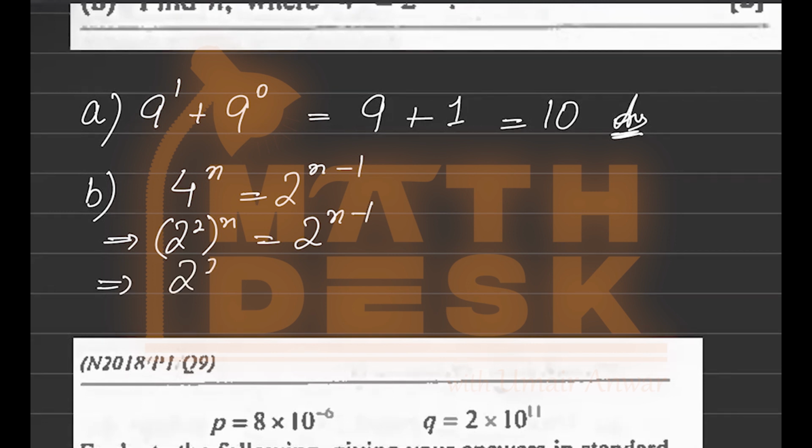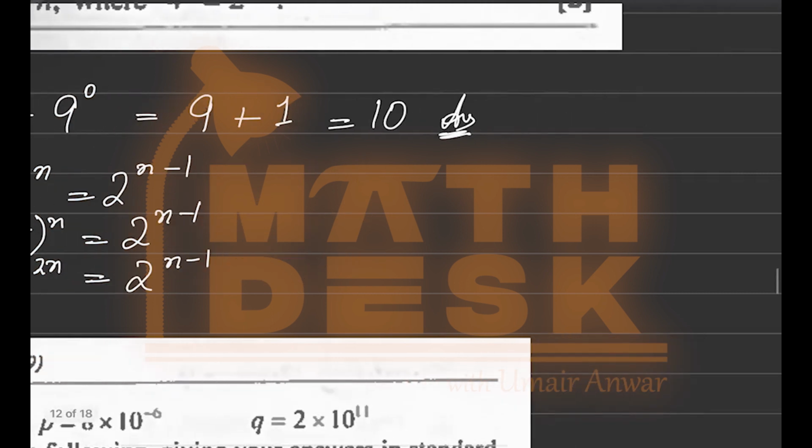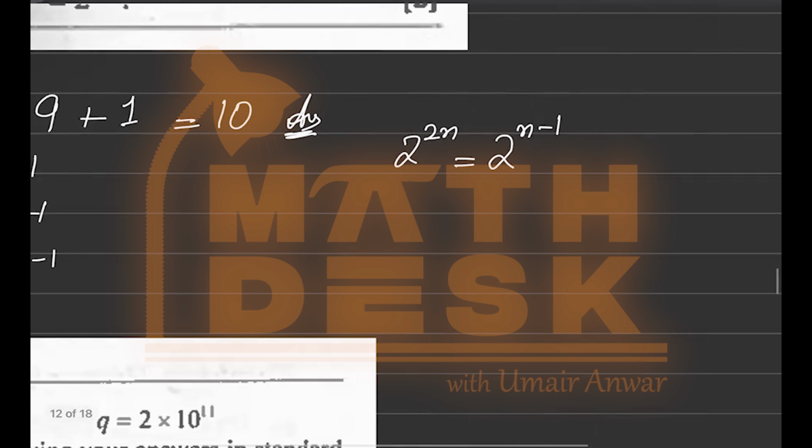So 2 raised to 2n is equal to 2 raised to n minus 1. Now, again, the bases are the same. Both sides of the equation have the same base 2, so their indices should also be equal to each other.